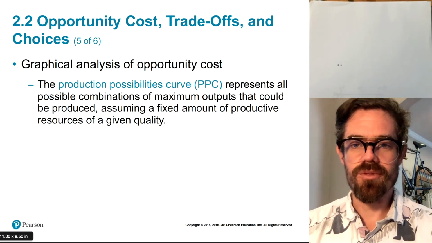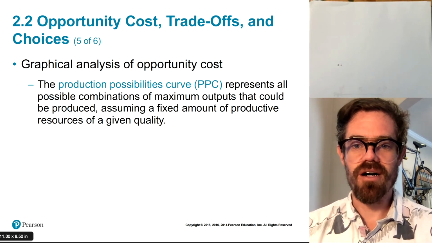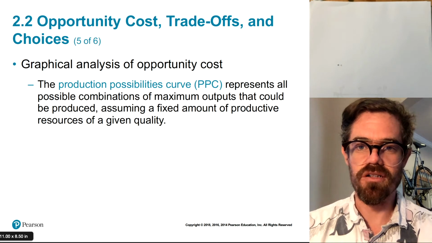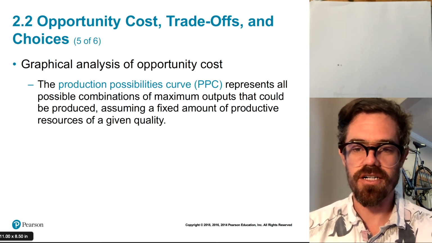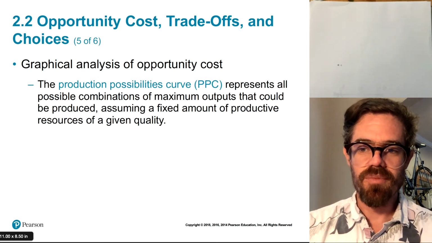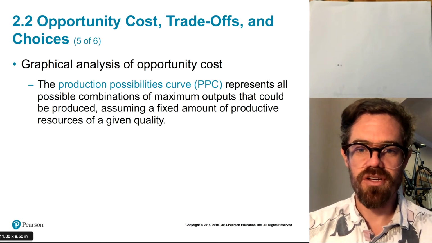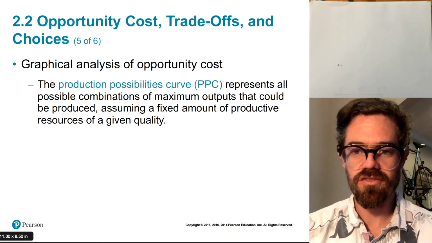Now we're almost to a point where we can look at our first model, and our first model incorporates all of these aspects that we've learned so far here in Chapter 2. Basically, our first model is a graphical analysis of opportunity cost, and the model is called the production possibilities curve.